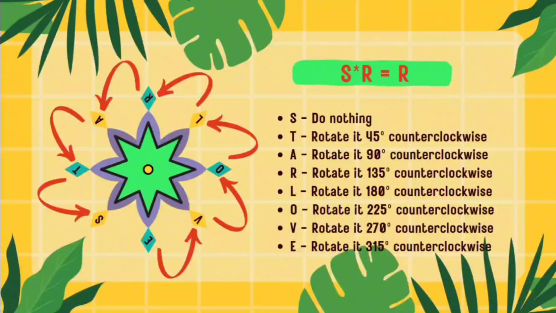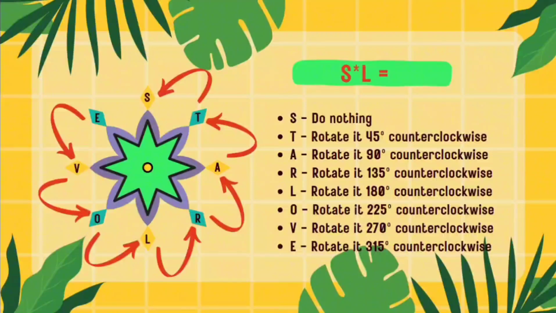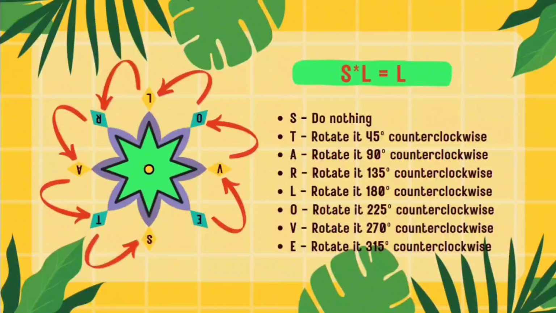So S star R is equal to R. Next is S star L. Since the movement of L is rotate it 180 degrees counterclockwise, we are going to rotate it 180 degrees. So S star L is equal to L.